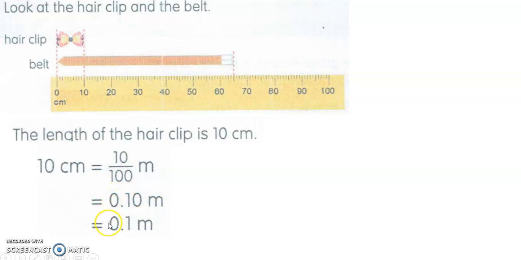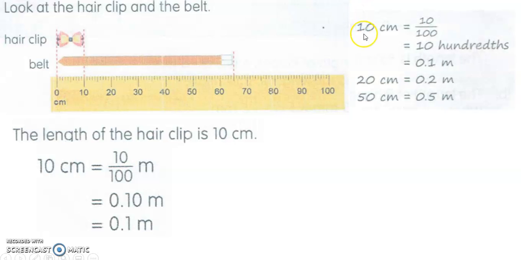And it's the same as saying 0.1, because the 0 here has no value, because it's on the right of the decimal point. So it's 0.1 meter. This brings us to say 10 centimeters equals 10 out of 100, which is 10 hundredths.